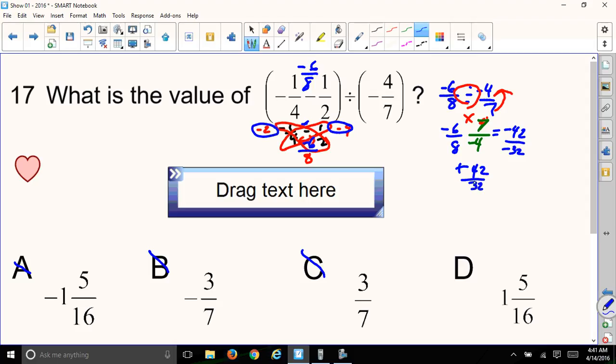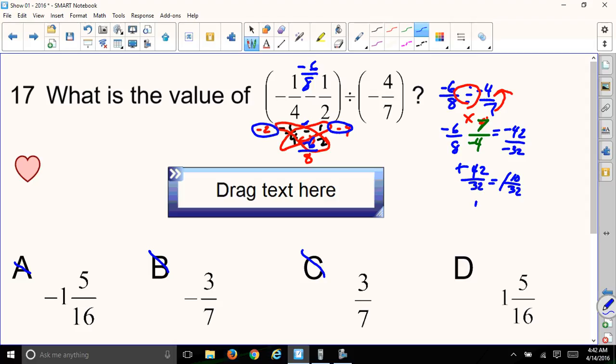But let me reduce this. Let's see. 32 goes into that one time, and I would be left with, looks like, 10/32s.